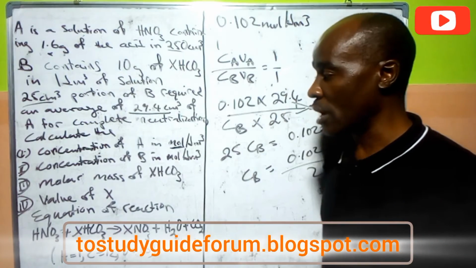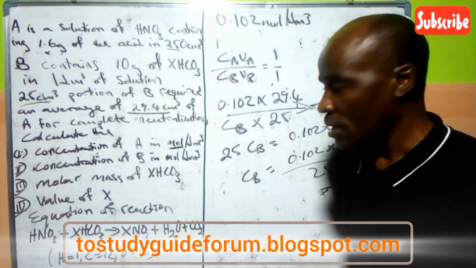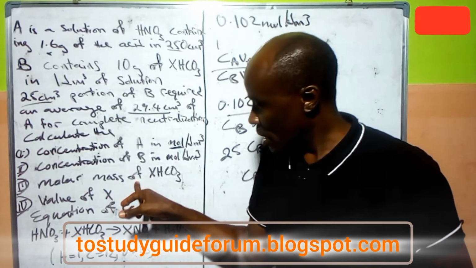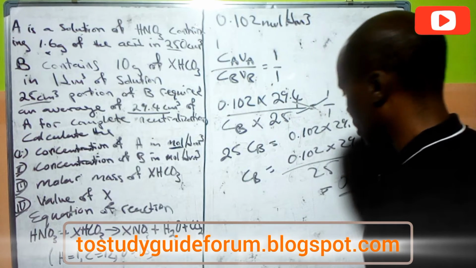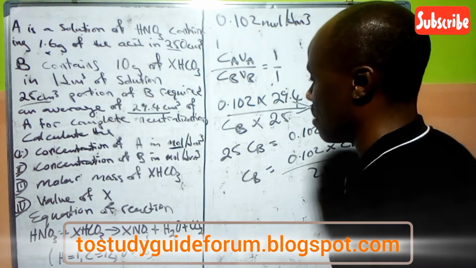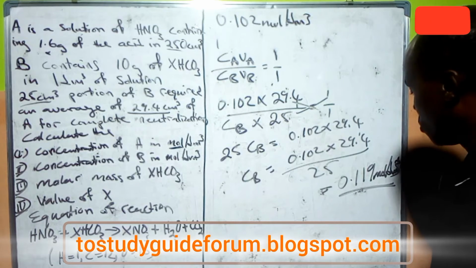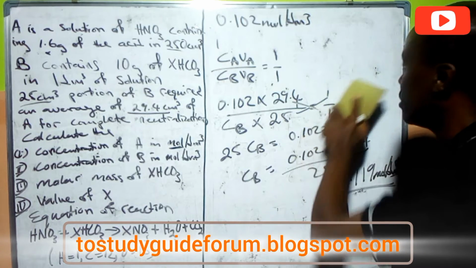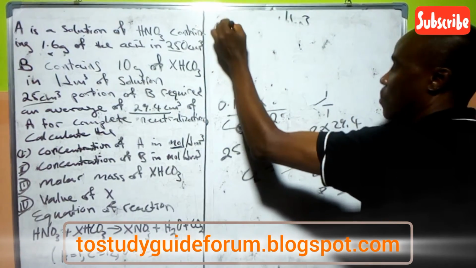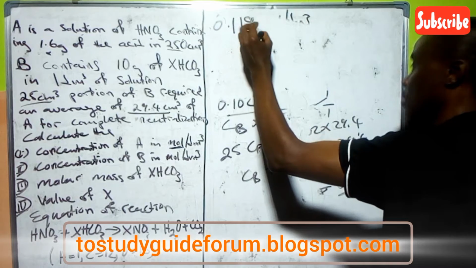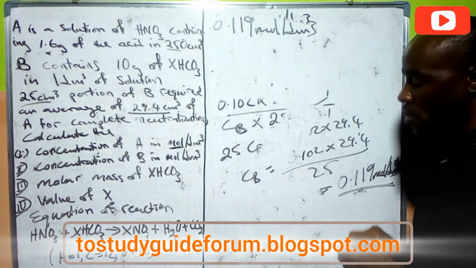The next one I'm going to do now is another interesting part of it. They say that the molar mass, this is the major area in this calculation. We are going to be calculating the molar mass of what? Of S hydrogen trioxocarbonate. What we're going to work with will be 0.119 mole per dm cube.